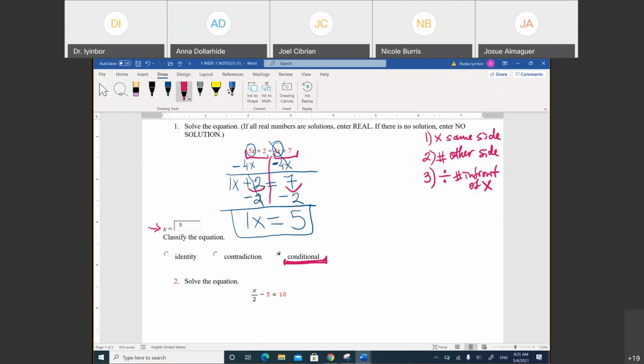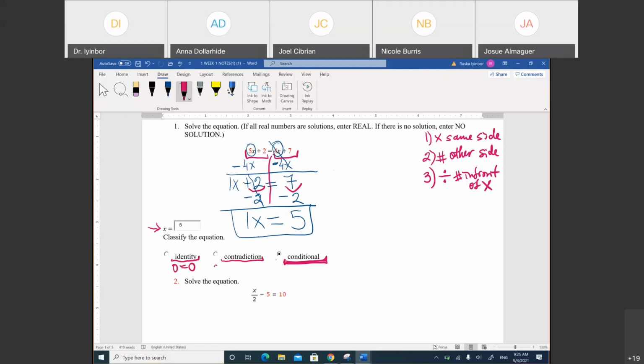Equation is identity when you solve it and the x's cancel out on both sides, there's no x left, and you get 0 equals 0. It's true. Okay? And I'll give you an example. So if you get 0 equals 0, that's identity. Equation is contradiction when it has no solution.